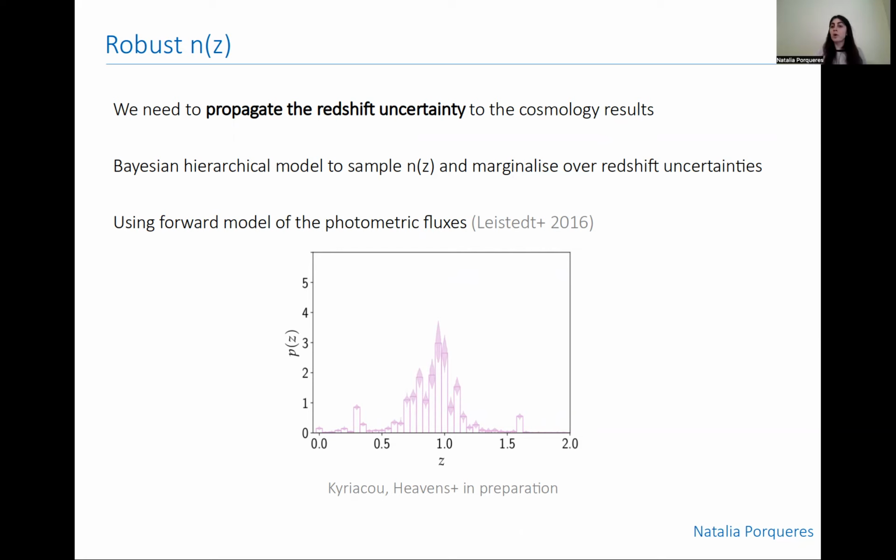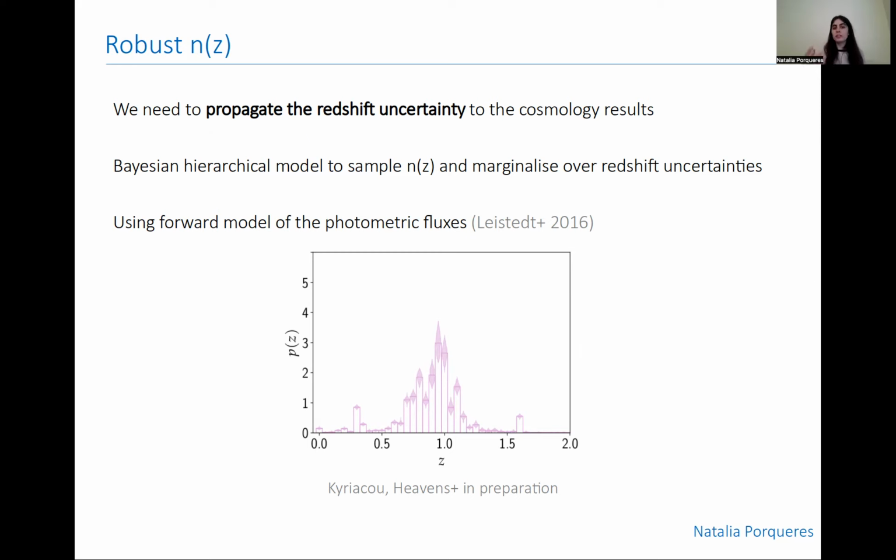For this, at the moment, we are just using fixed n of z's, but ideally we want to use a Bayesian hierarchical model that samples the n of z's. It provides samples of the redshift distribution, and then we can incorporate that inside Borg and use the different samples, and then we would marginalize over the redshift uncertainties.